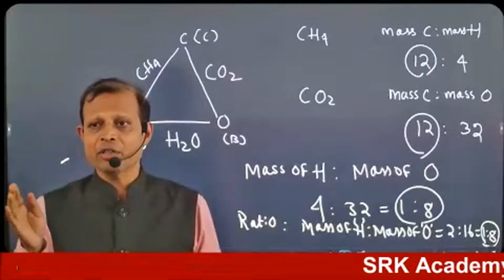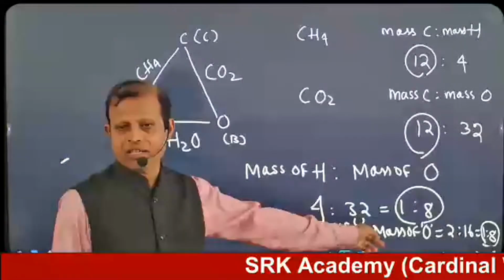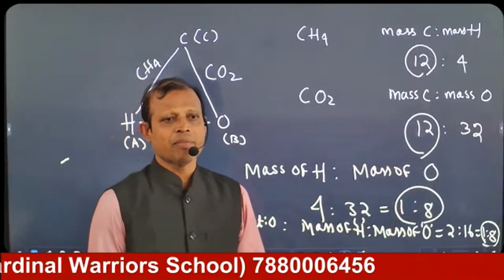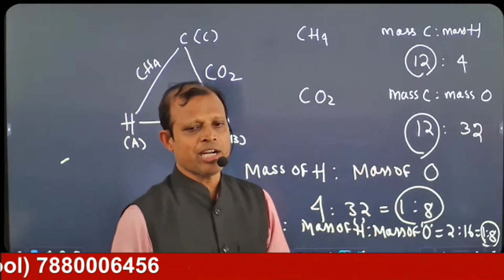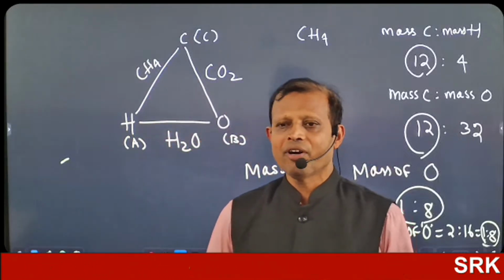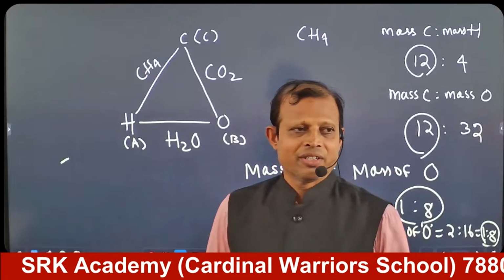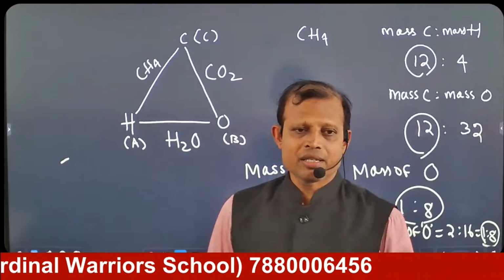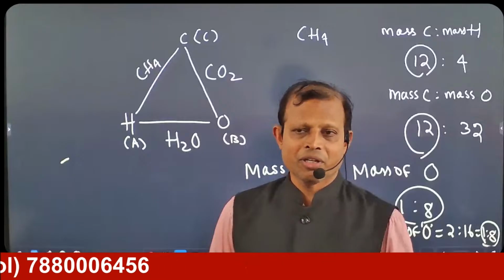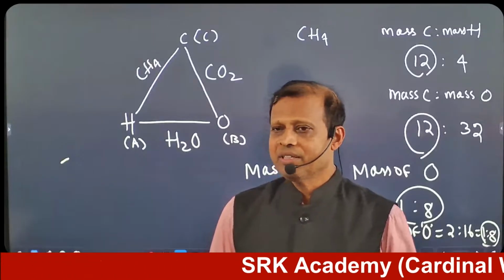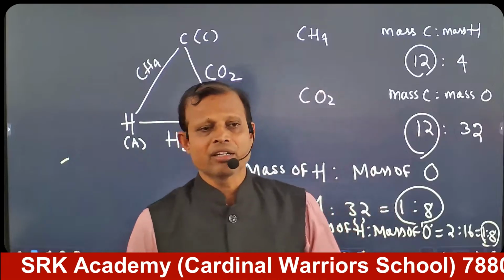So when H and O directly combine together, they form H2O and the ratio of mass is 1 is to 8. So this is the fourth law, related to mass, the law of chemical combination.